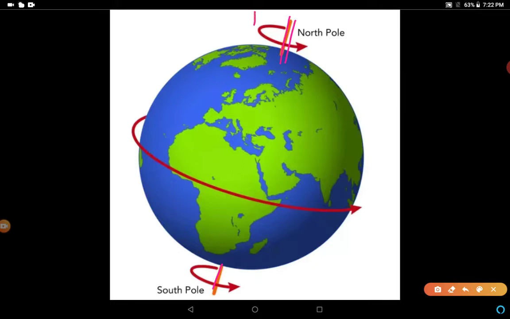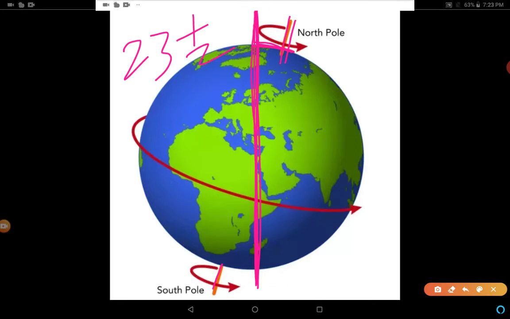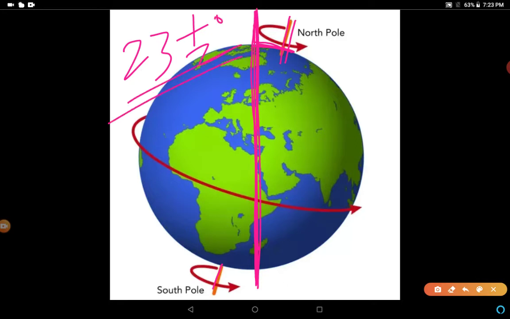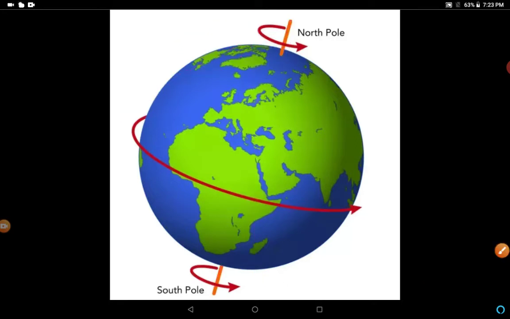If we locate it as straight, it might be like this, but it is tilted at 23.5 degrees, clear? So this is the needle called axis.